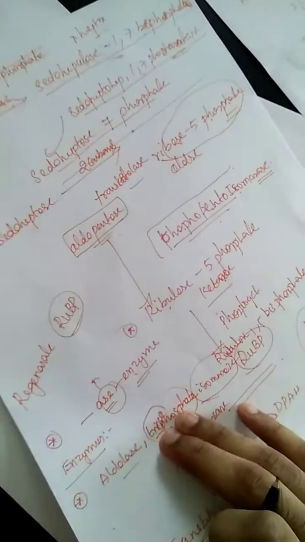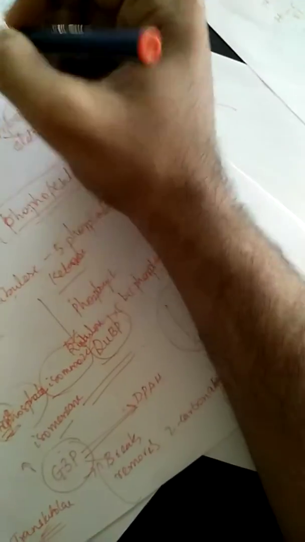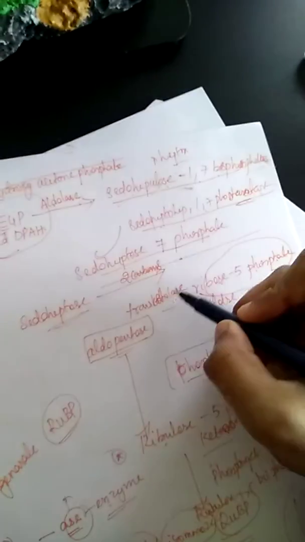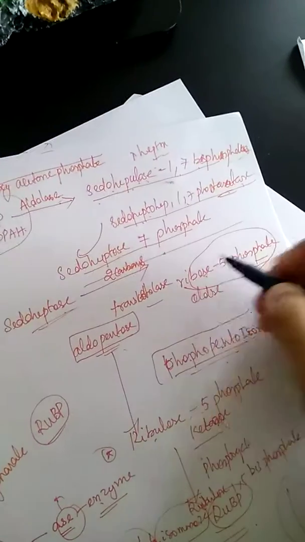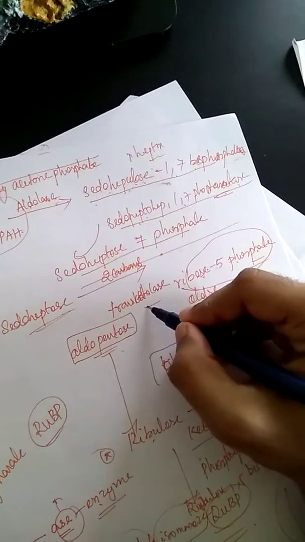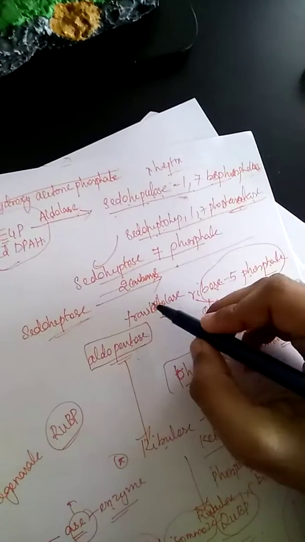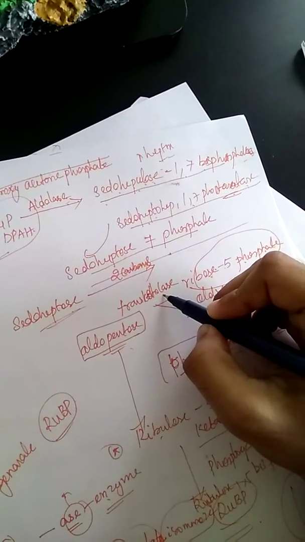And this again appears when this sedoheptulose over here is broken down by transketolase into ribose 5-phosphate.